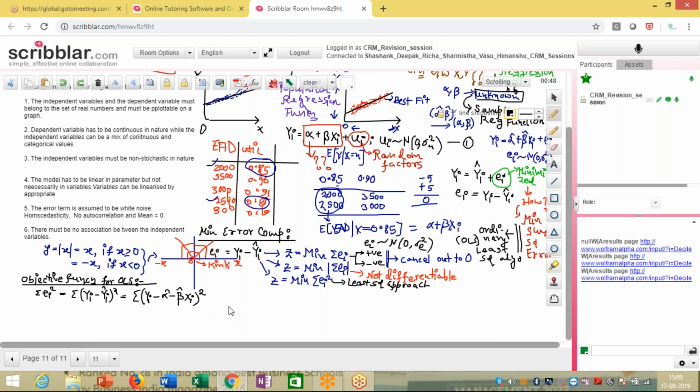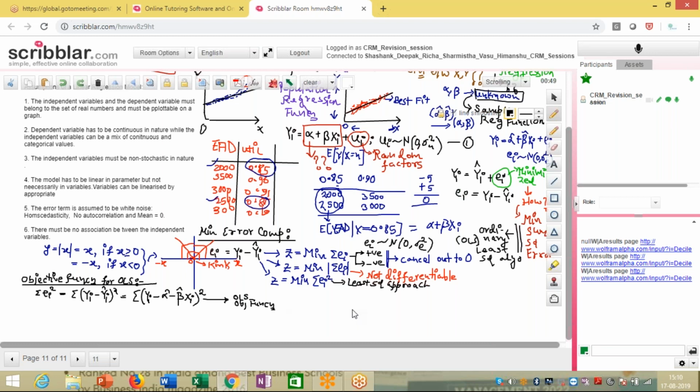So now this becomes your objective function, your OLS objective function, right? Now when I have this, what is the objective next?